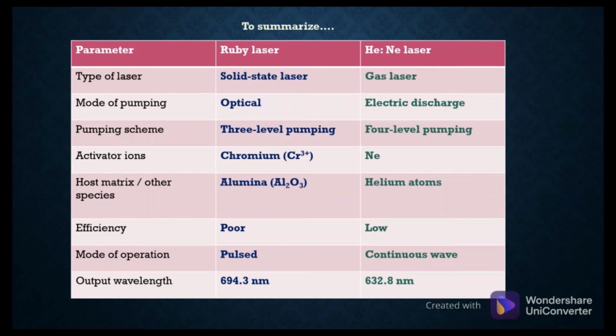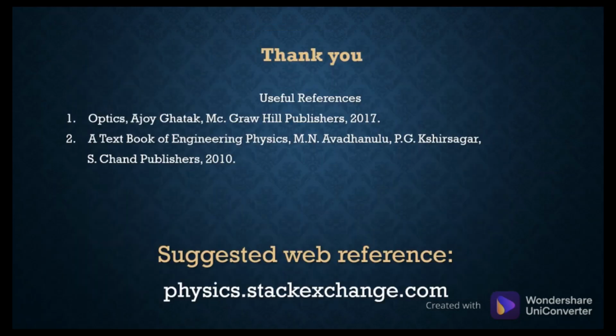Both emit laser radiation in red color, but there is still a difference in the output wavelength. Ruby laser emits 694.3 nanometer radiation and helium neon laser emits 632.8 nanometer radiation.